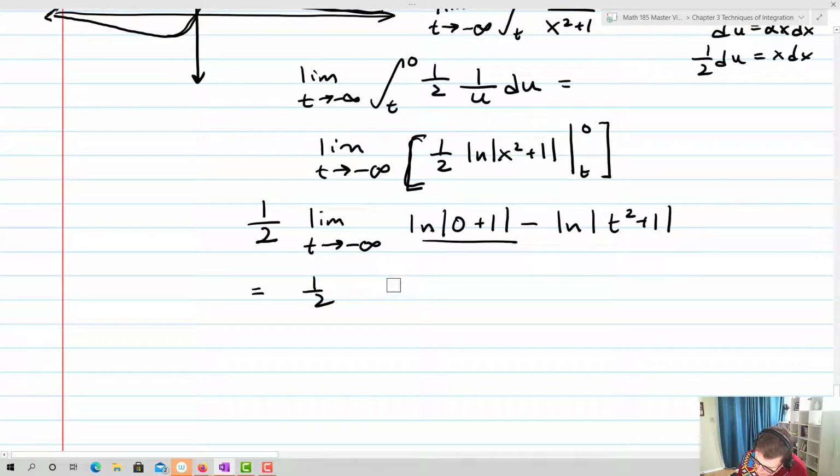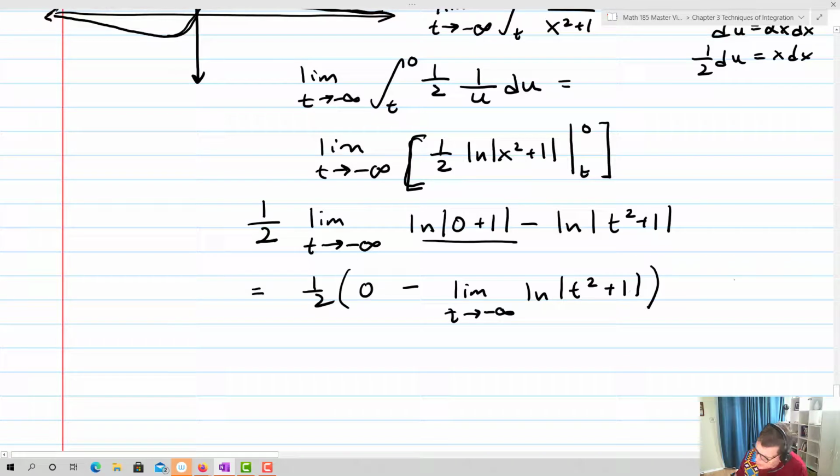or 1/2 times 0 minus the limit as t goes to negative infinity of the natural log of t squared plus 1. Now, the limit as t goes to negative infinity of the natural log of t squared plus 1, okay, because we're in absolute value, this is going to end up going up to positive infinity.